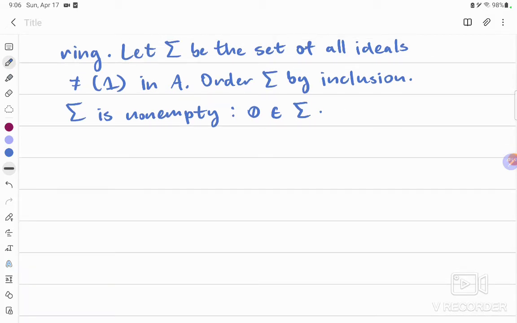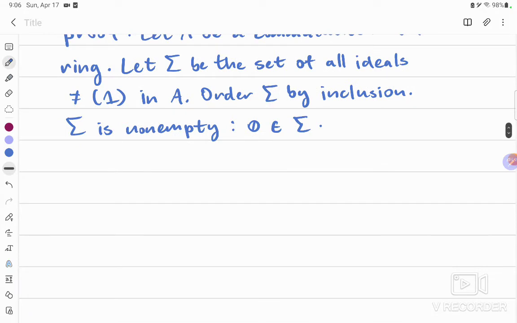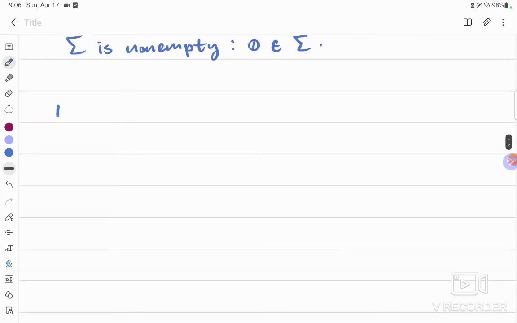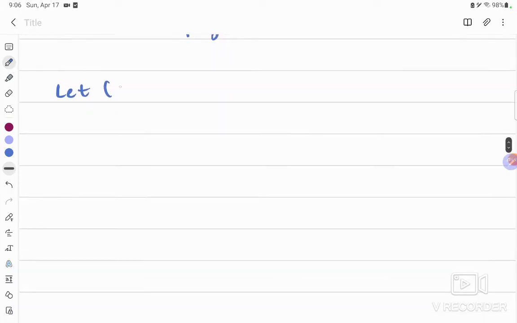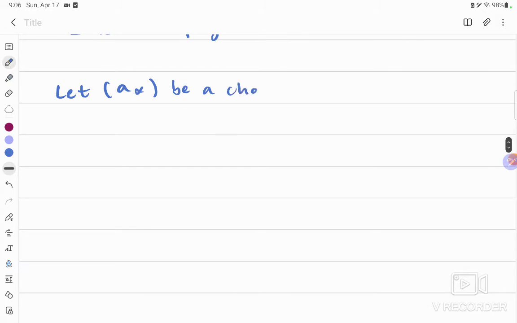Okay, now we want to get to our application of Zorn's lemma. We have this partially ordered set, and we want to take a chain in this. A chain is going to look like a chain of ideals. So let's say little a sub alpha be a chain of ideals in sigma.